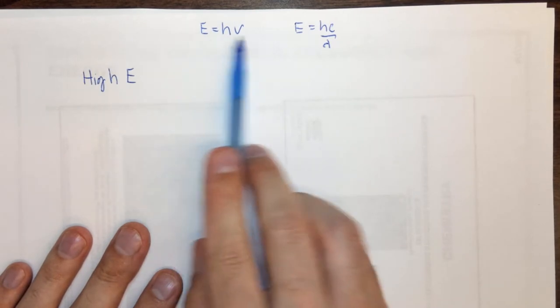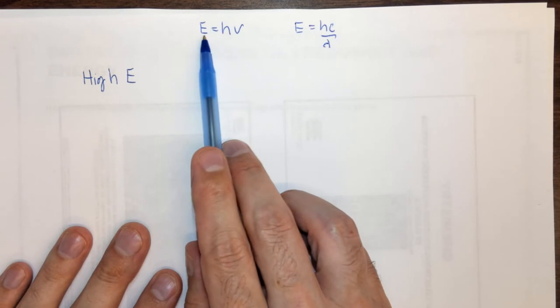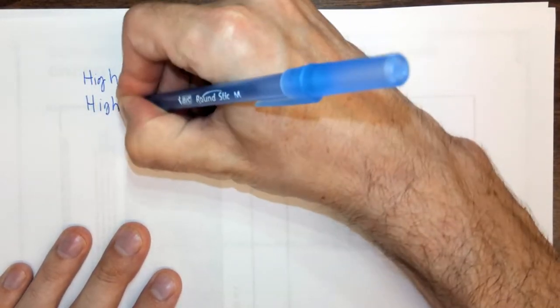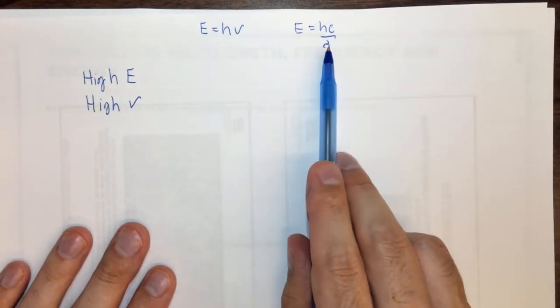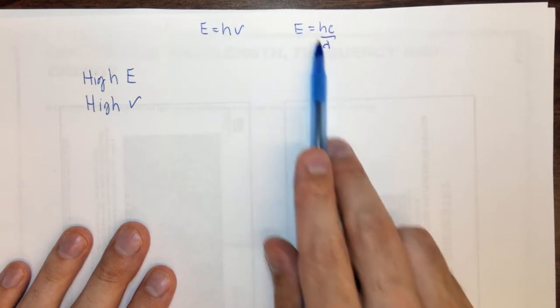If you look at these equations, energy and frequency are directly proportional to each other. So if energy is high, it must also be a high frequency. And if energy is high, as we talked about a minute ago, the wavelength must be low because it's on the bottom, so they're inversely proportional.